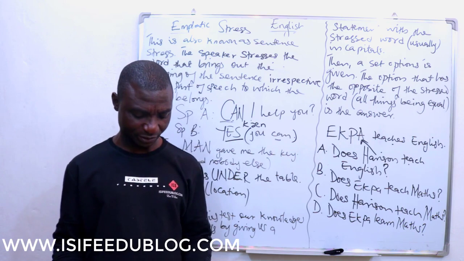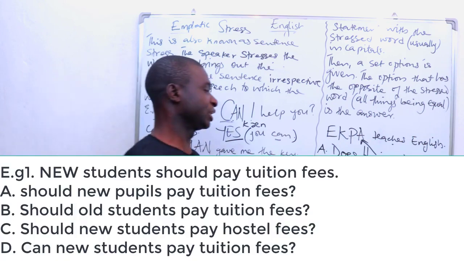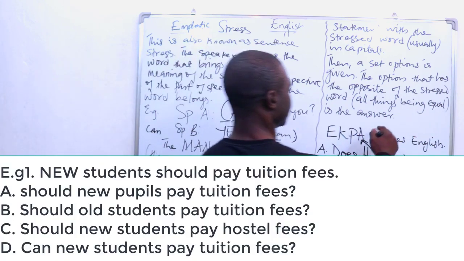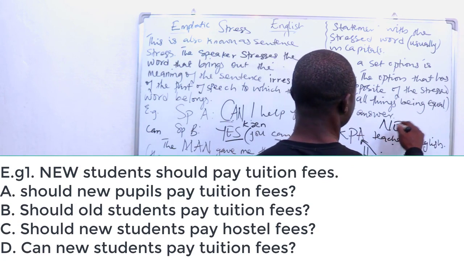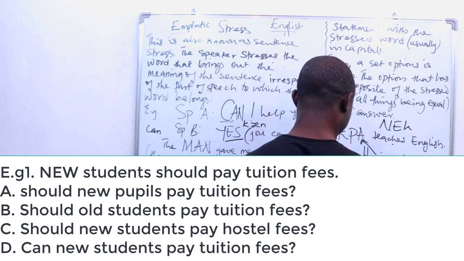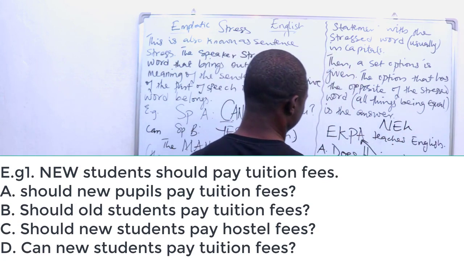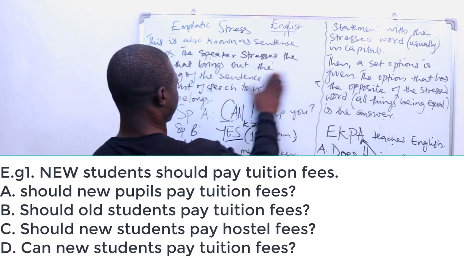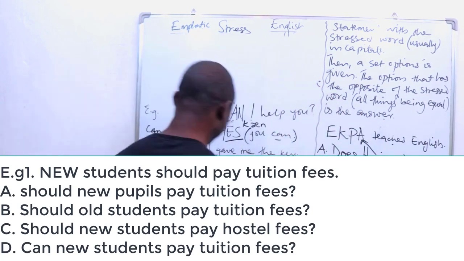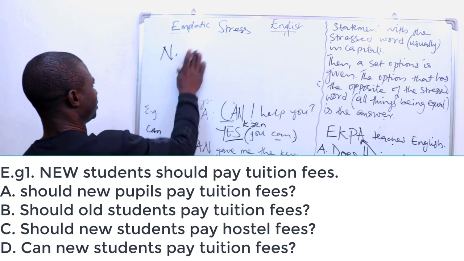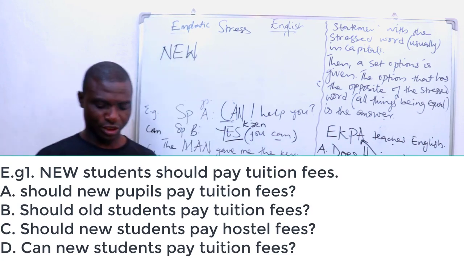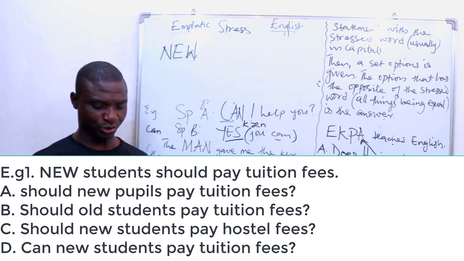This one says, NEW is stressed. But let me wipe some part of the board so that we don't get issues complicated. So new in all capital: New students should pay tuition fees.